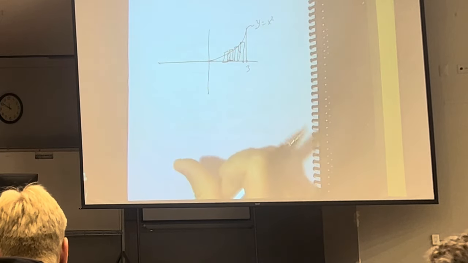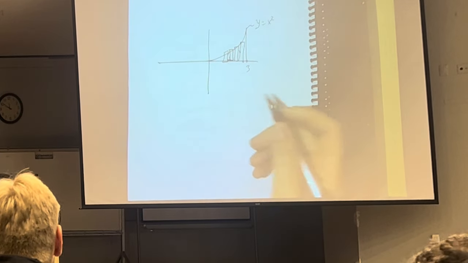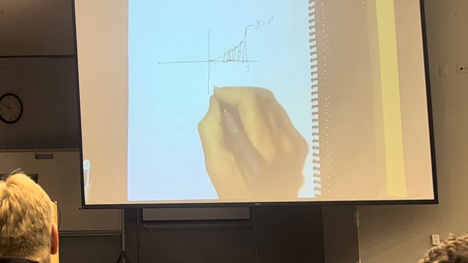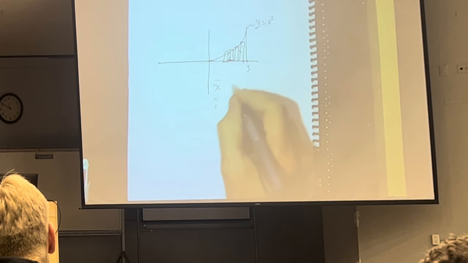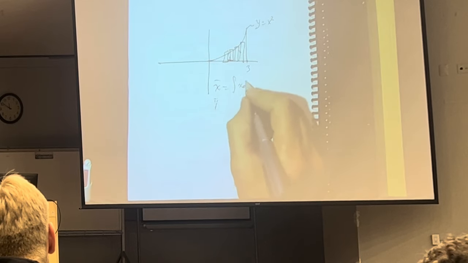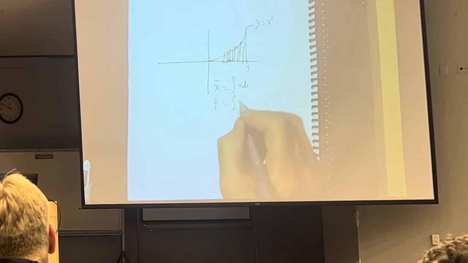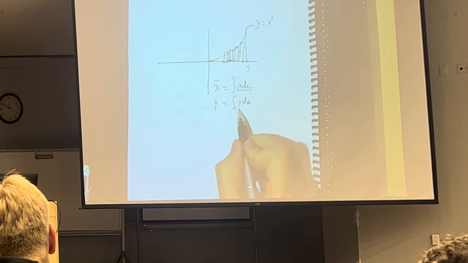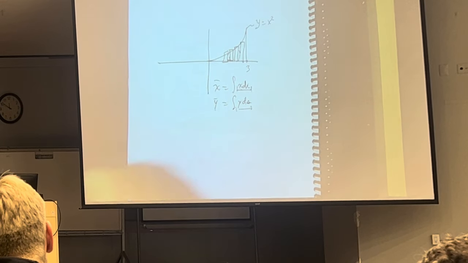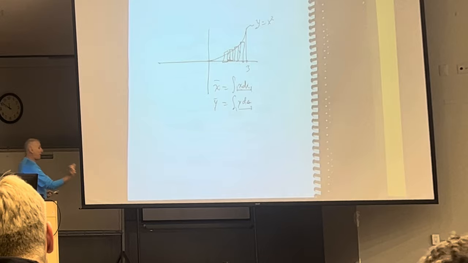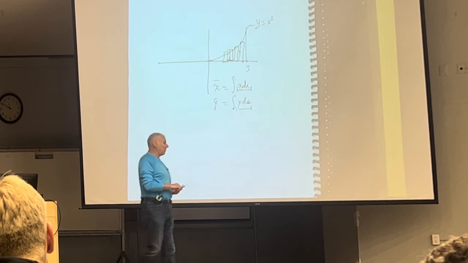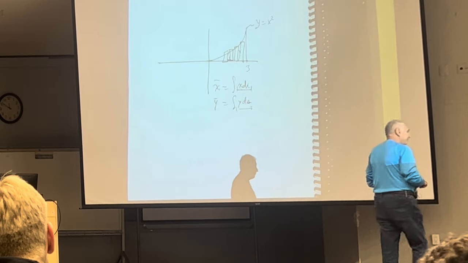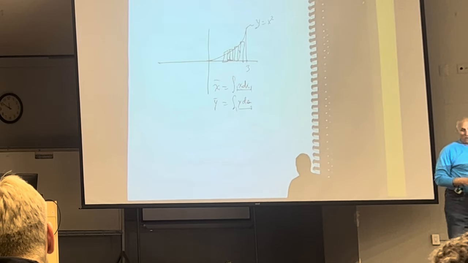Do you remember doing that? That's direct integration. So you can find x bar, y bar by simply saying integral x dA, integral y dA, and then substituting for these based on the rectangle. The dA would be base times the height of each rectangle, and then you're going to sum from 0 to wherever. That's direct integration.